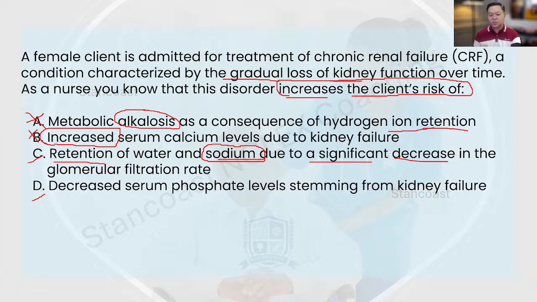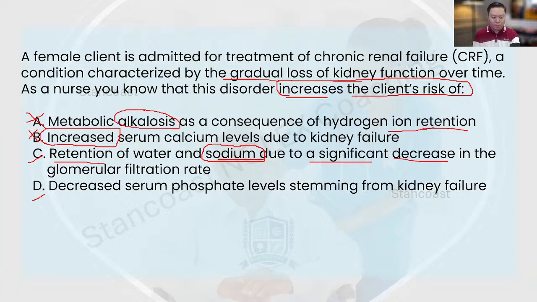What I emphasized during my lecture was hyponatremia, okay? I've researched this very deeply, and the reason why I chose hyponatremia, because most of the population with chronic renal failure that is admitted during the acute phase will manifest hyponatremia more than hypernatremia.